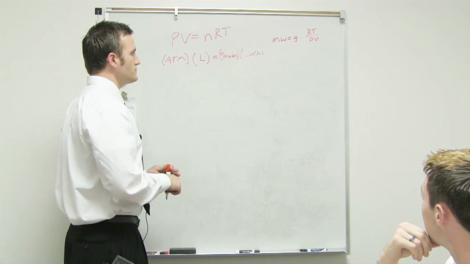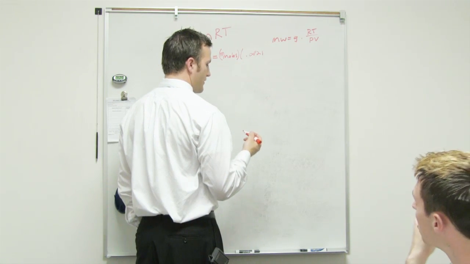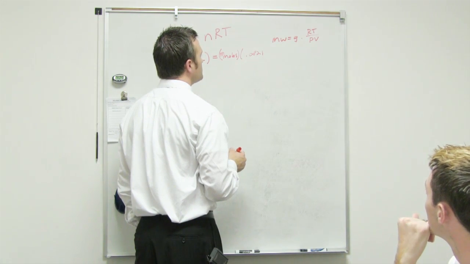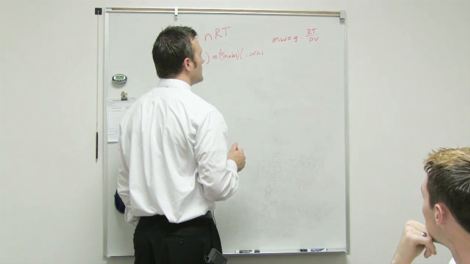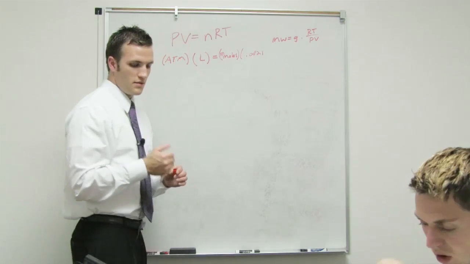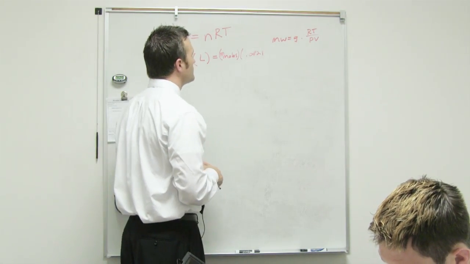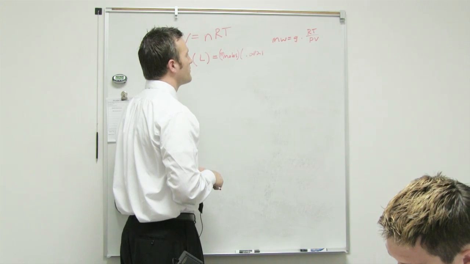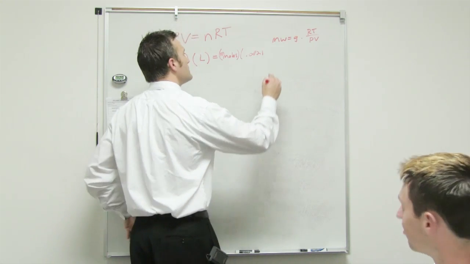So, what are the units for R? Isn't that grams per mole? No. Does it show you on your sheet? Oh, is it liters times atmosphere over moles times Kelvin? Yes.